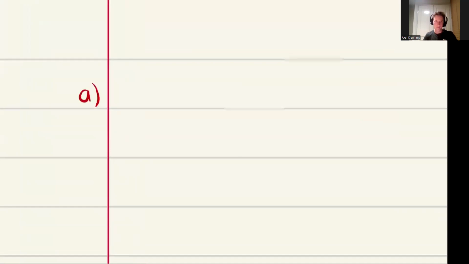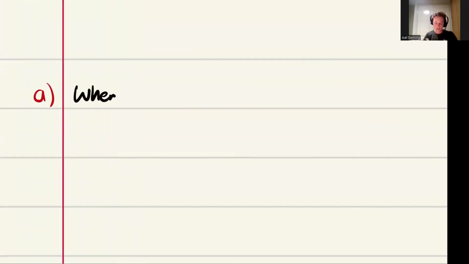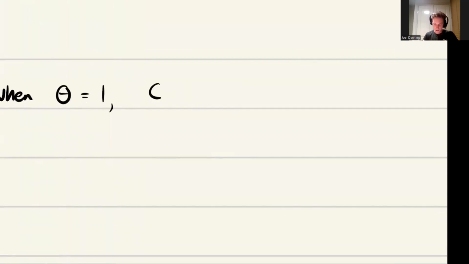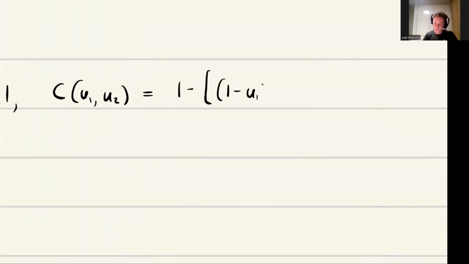So for part A, I'm just going to say when theta equals 1, C of u1, u2, basically I'm just going to write out the formula and sub in theta is 1.